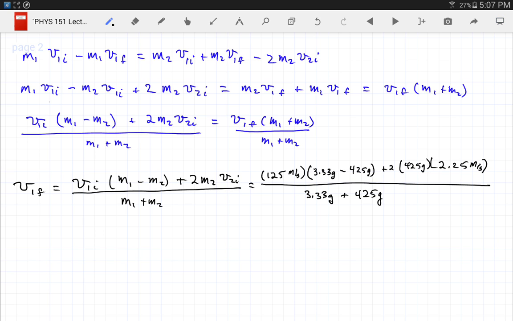Sorry about that delay there. But if I did my math right, I get V1 final is equal to minus 118.591 meters per second. Now, I only gave myself 3 significant digits, so to correct significant digits, this is minus 119 meters per second.